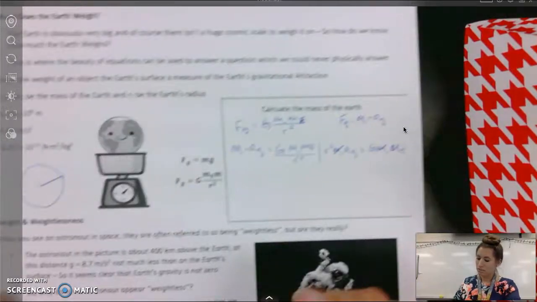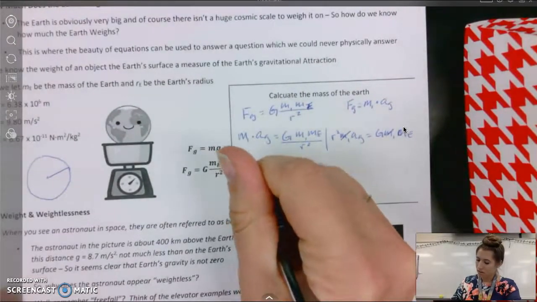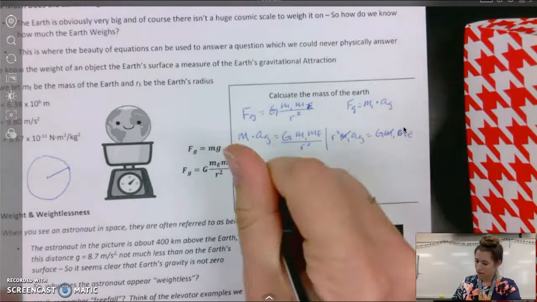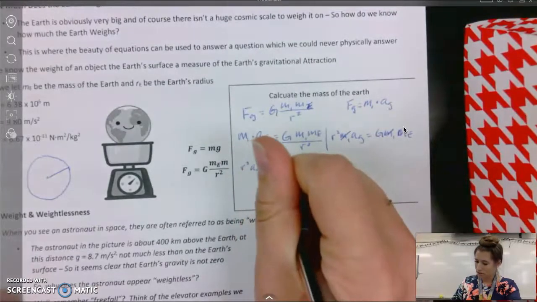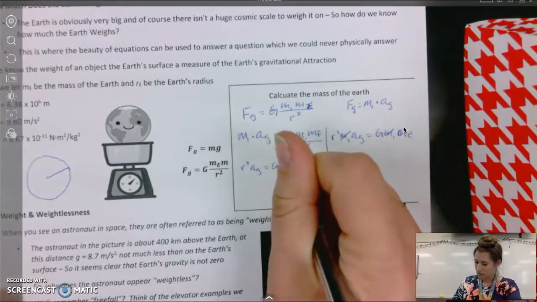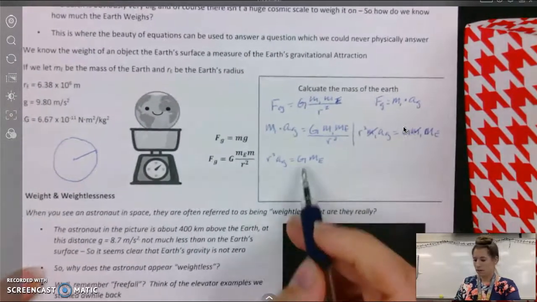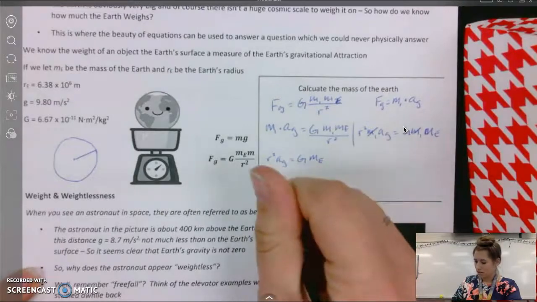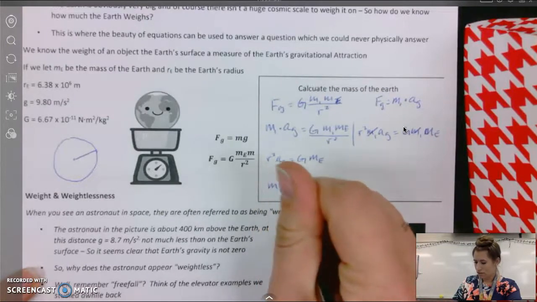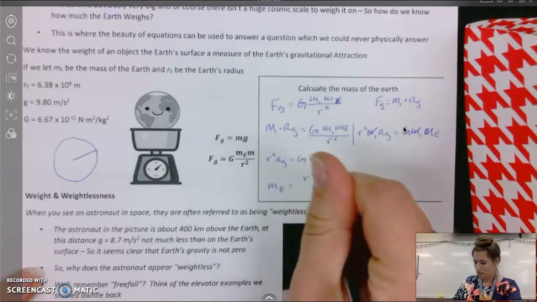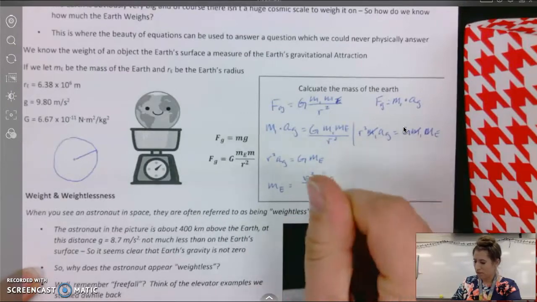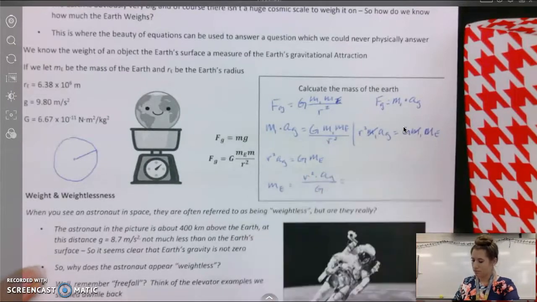And so what we're left with is r squared acceleration due to gravity equals g and mass of the Earth. And we're solving for the mass of the Earth. And so we'll divide by g. And so mass of the Earth is equal to r squared times the acceleration due to gravity divided by g.